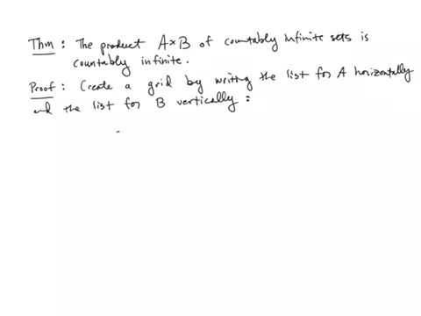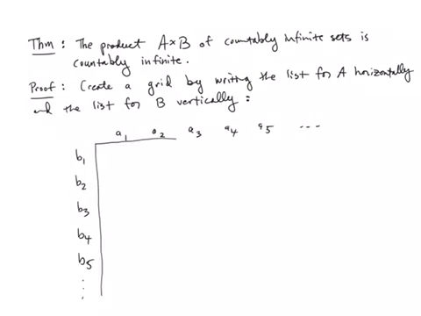Right, so you have the list for A, A1, A2, A3, A4, A5, etc. And then you have B1, B2, B3, B4, B5, etc. And then in the grid, every point in the product is represented by exactly one of these points.